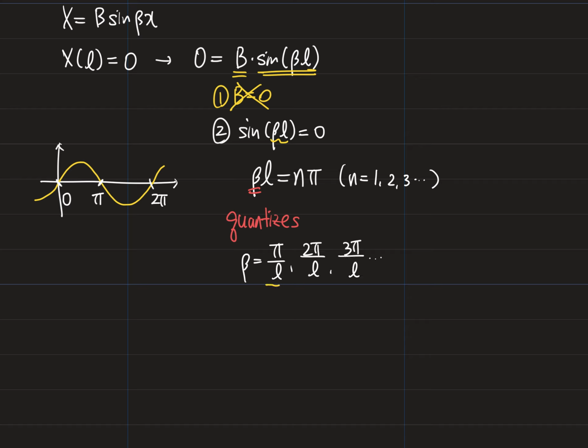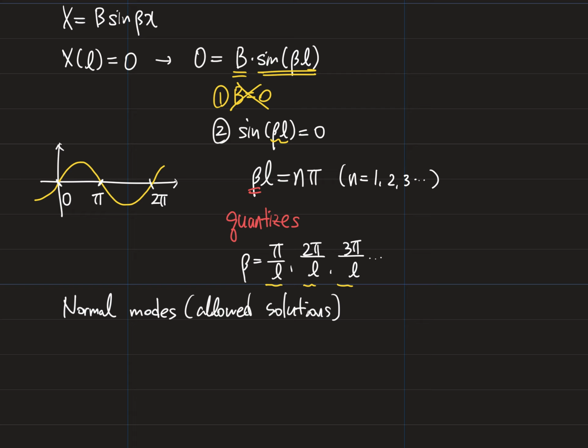Only some specific allowed values can be candidates for beta. So this gives a set of allowed solutions, or in more scientific terminology, normal modes or allowed solutions for the string's shape.